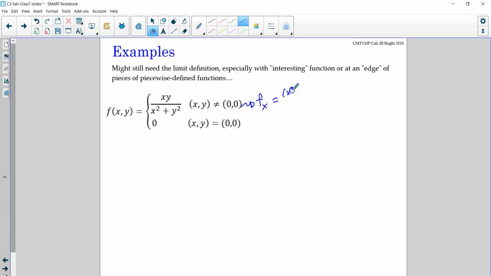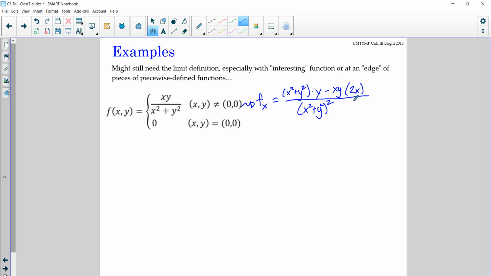So it's low d high, minus high d low, with respect to x, it's just going to be 2x all over low, y squared. That would be the partial derivative of f with respect to x at any point that is not the origin.